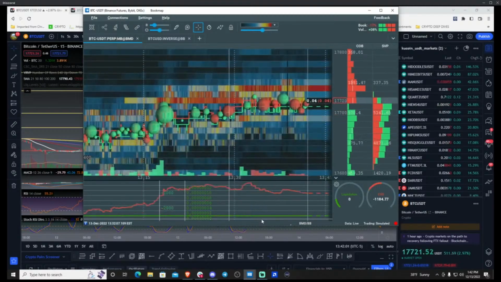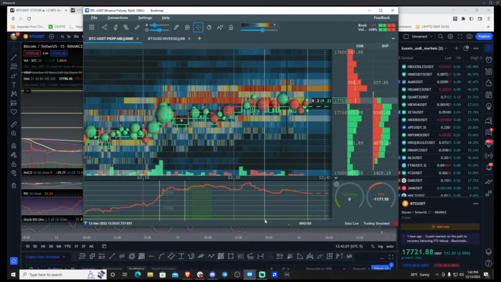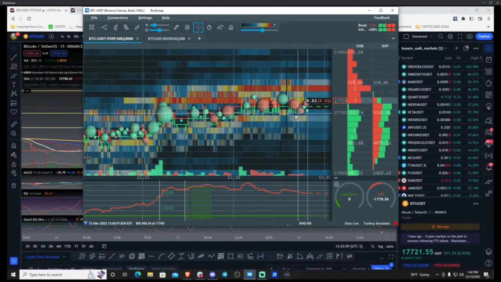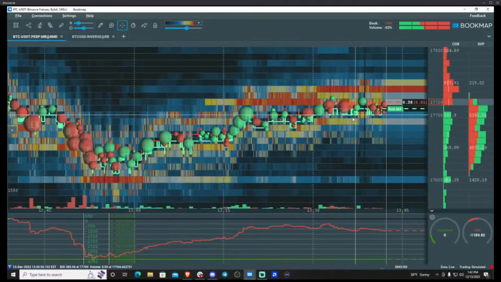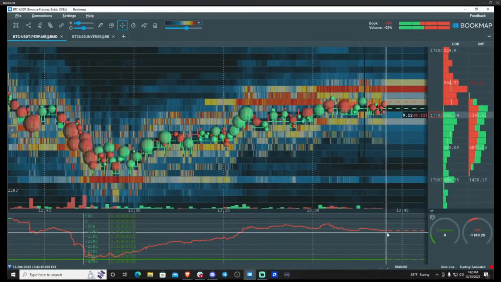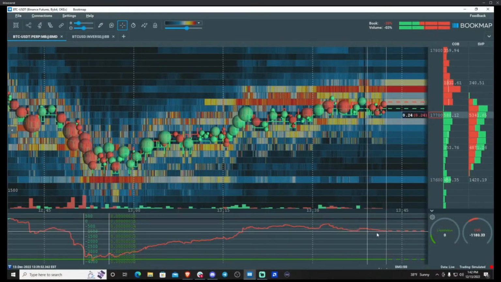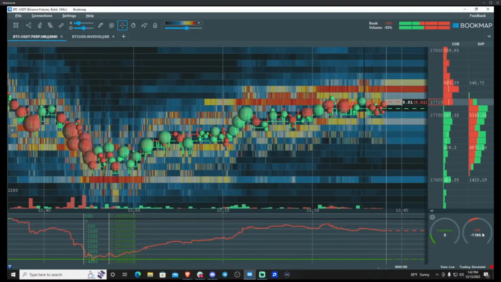That's where you get the divergences. For example, see how price is going a little bit higher right now, but the CVD is not. It's because there's a little more selling than buying right now, and this is at a negative 180.